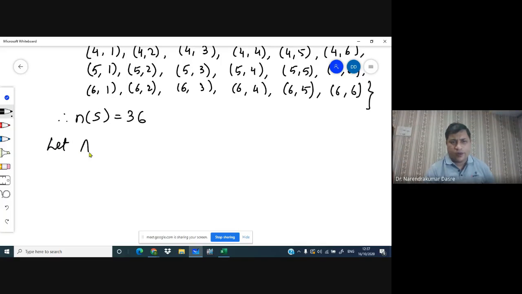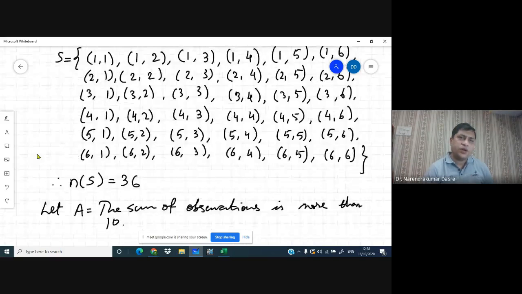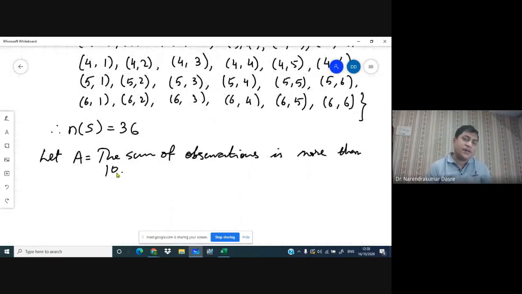A is the event, the sum of observations is more than 10. So more than 10 means what? What is the minimum sum you have? 2. This is the minimum sum. What is the maximum sum you have? 12.